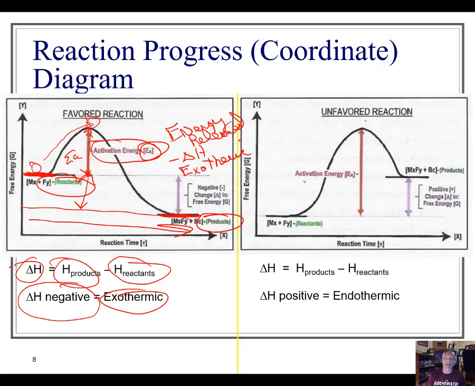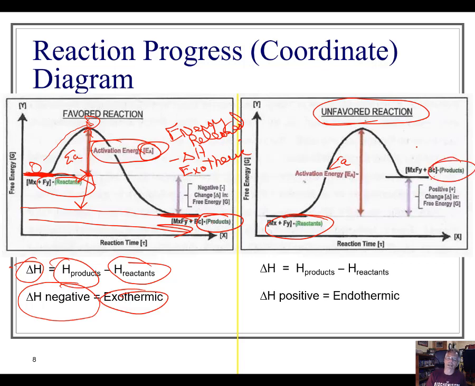And then we can go over here and look at an unfavorable reaction. This is an endothermic process. You can tell that because our reactant energy is lower than our product energy. And we have a very big activation energy here, E of A. Here's our product energy.